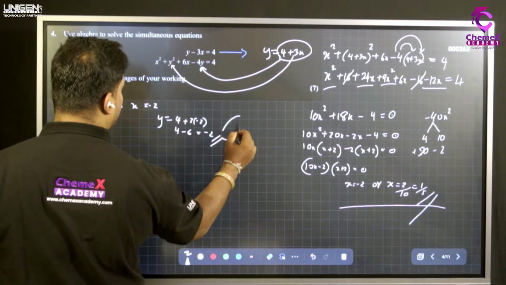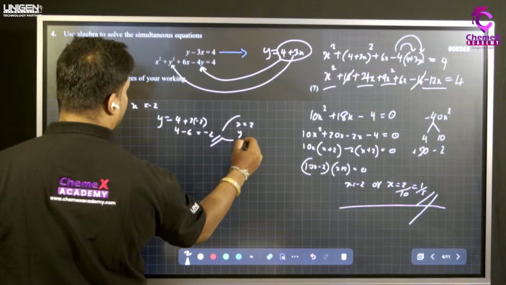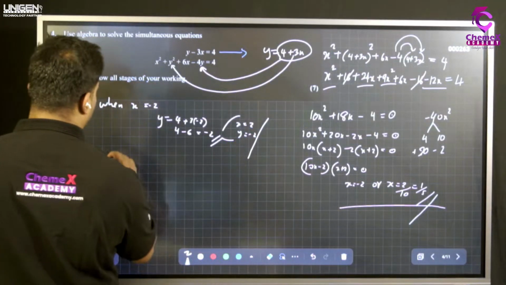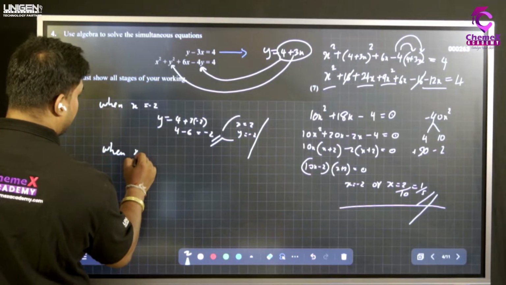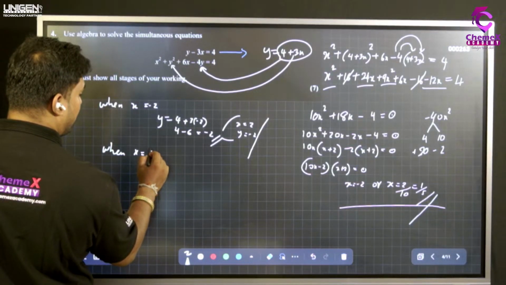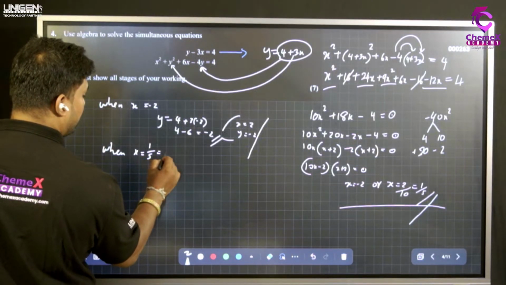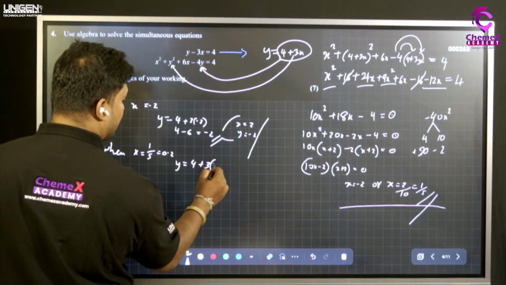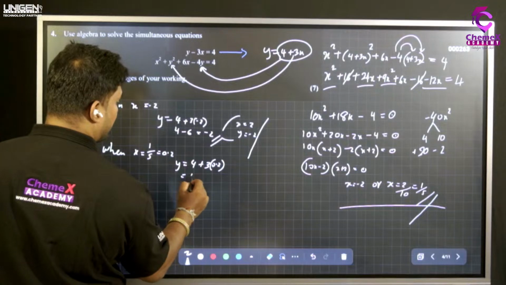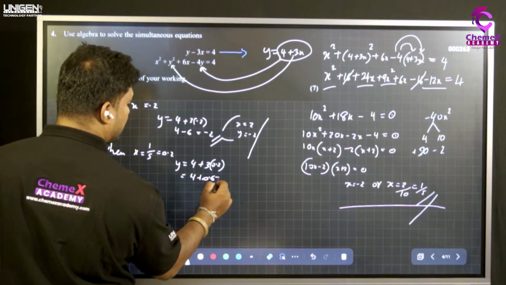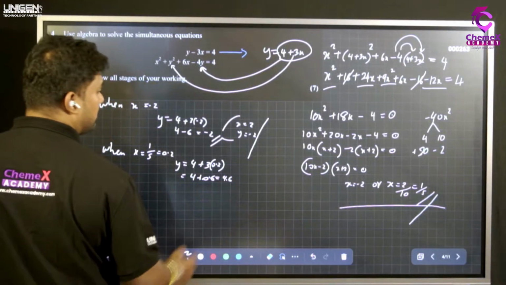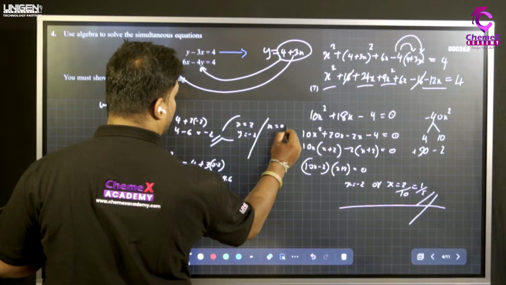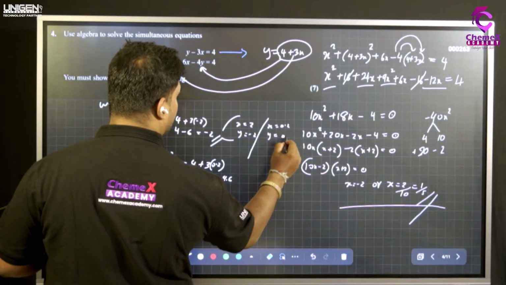So one answer is x equals minus 2, y equals minus 2. Then when x equals 1 over 5, 0.2, y equals 4 plus 3 times 0.2. So 4 plus 0.6, 4.6. So what is the answer? x equals 0.2, y equals 4.6.